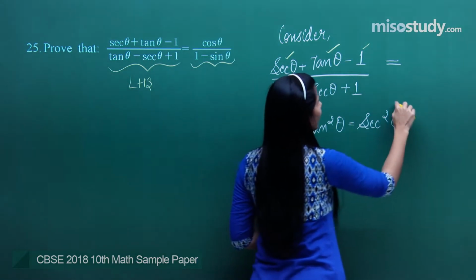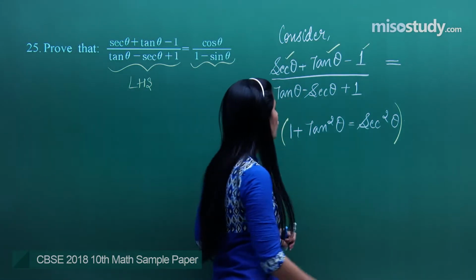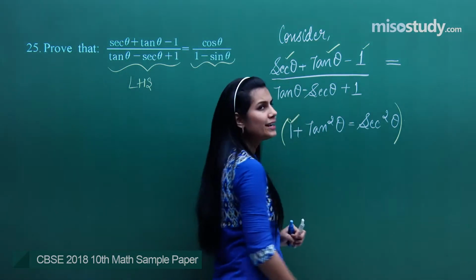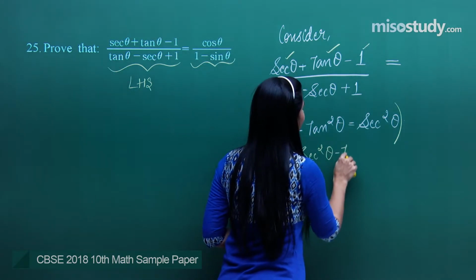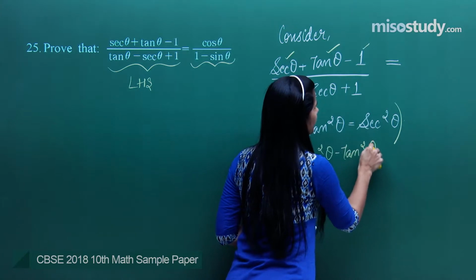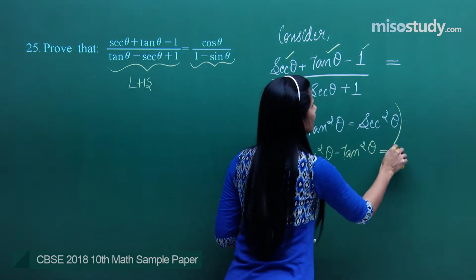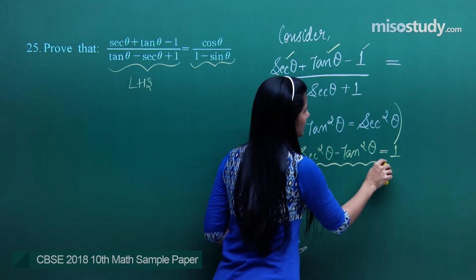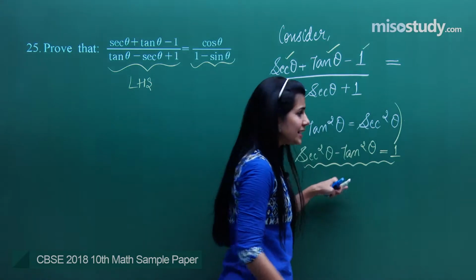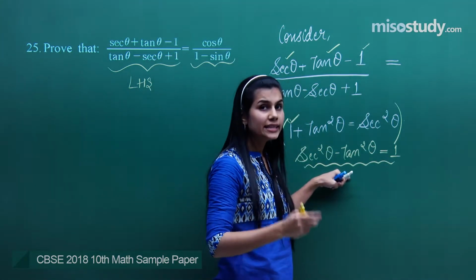If this trigonometric identity is clear to you, you will be able to replace 1 with sec squared theta minus tan squared theta. This identity is going to help me replace this 1 with expressions of secant and tangent.